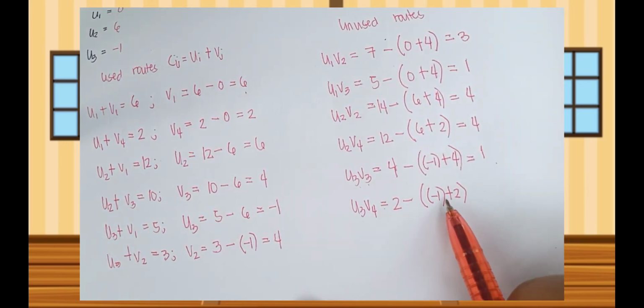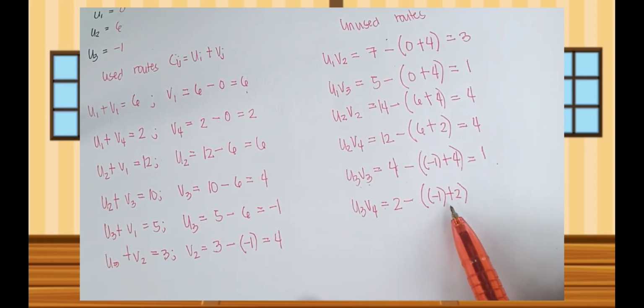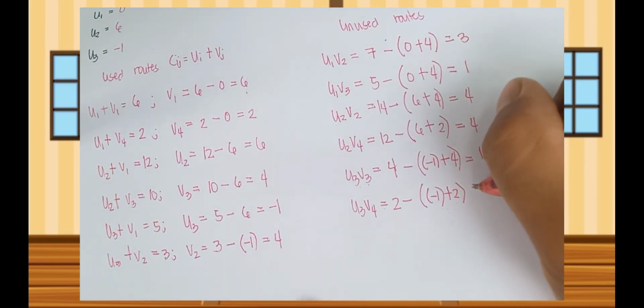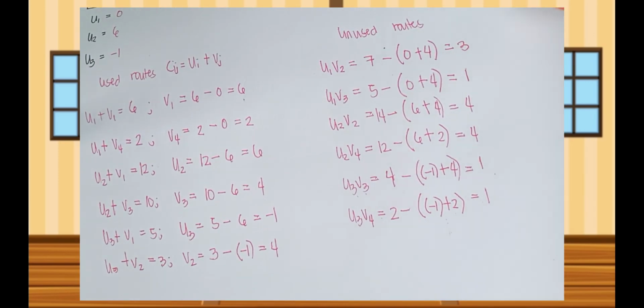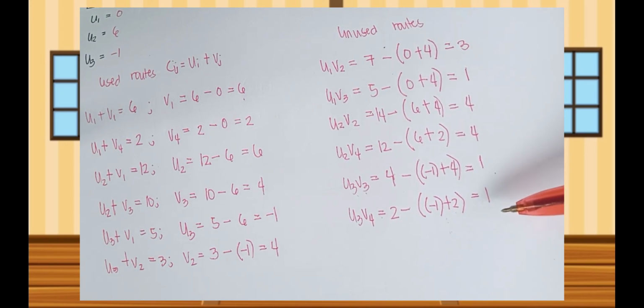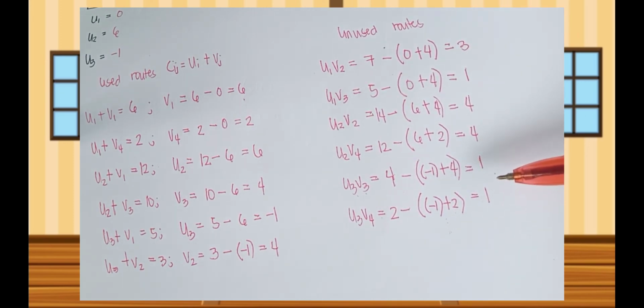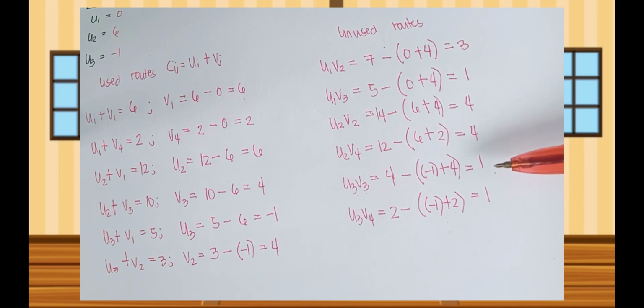So negative 1 plus 2 is equals to 1. 2 minus 1 is equals to 1. So since we have no negative, therefore there is no possibility to reduce the total cost.